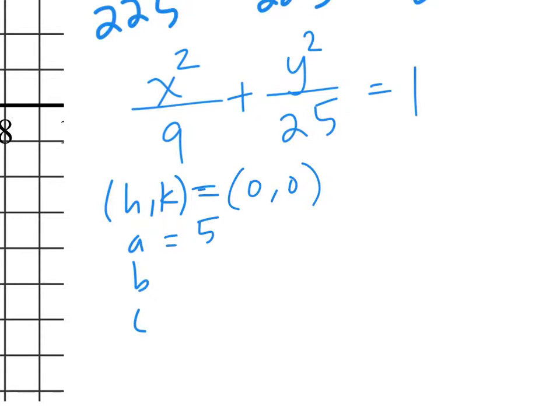Just take the bigger number and square root it. How long is B? 3. Okay, C. C squared is A squared minus B squared. So go ahead and figure out what that is. A squared minus B squared. Okay, so how long is C?